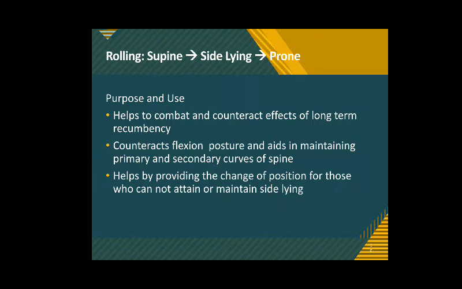It helps by providing the change of position for those patients who are not able to attain or maintain the side lying position. As we already saw, side lying is a relatively unstable position and it is difficult to maintain. So the person can directly come from supine to prone lying if it is comfortable for him.